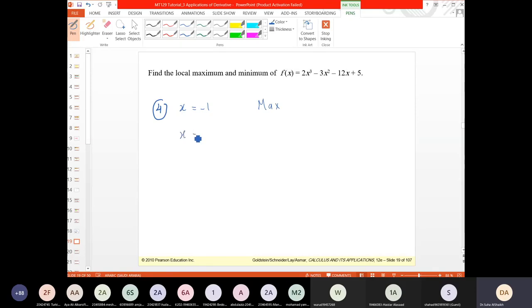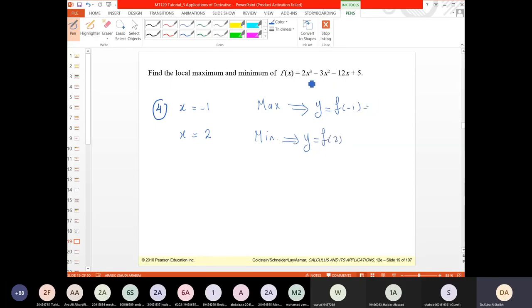And I get the other x, which is x equal to 2. It was 2 or -2, yeah. And I said this point is a minimum. Now if I'm talking about a point, I must find the y part. I need the y. What's the y? It is f at -1. And what's the y of 2? It's y equal to f at 2.